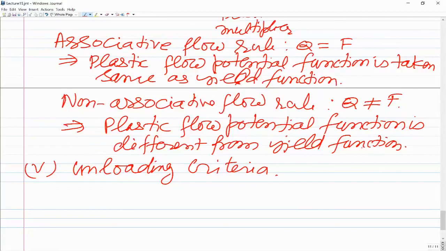Sir, the kind of questions which will be asked, will they be numerical or derivation type? There could be a few derivations and conceptual questions, and there can be some numericals, simple numericals.